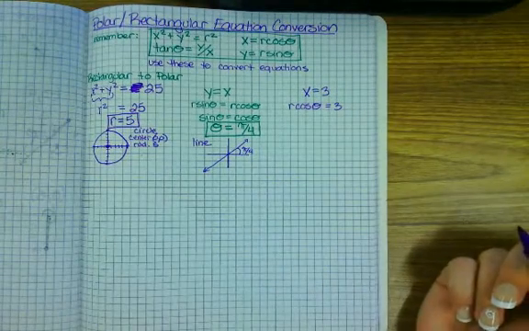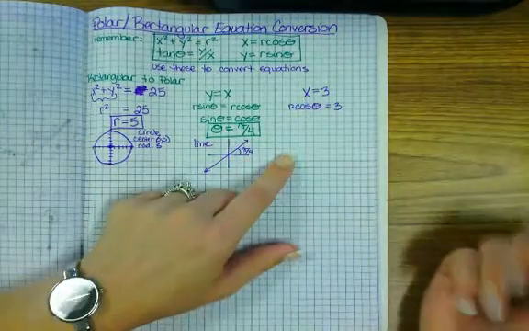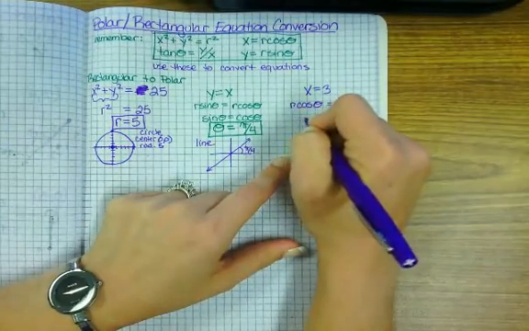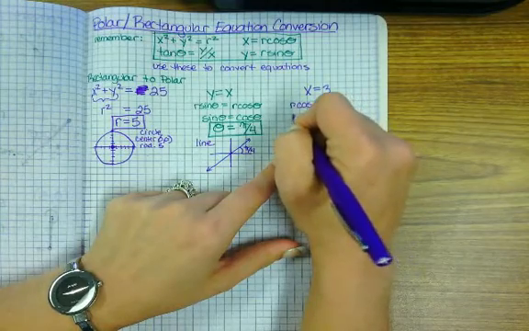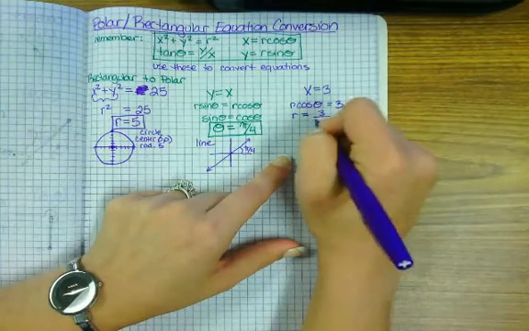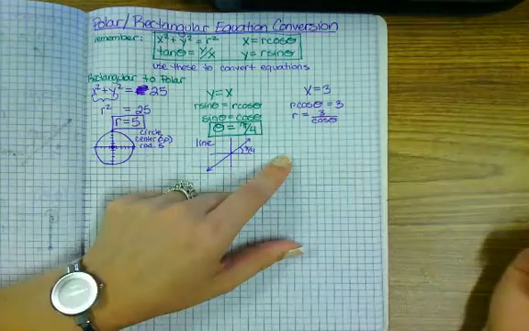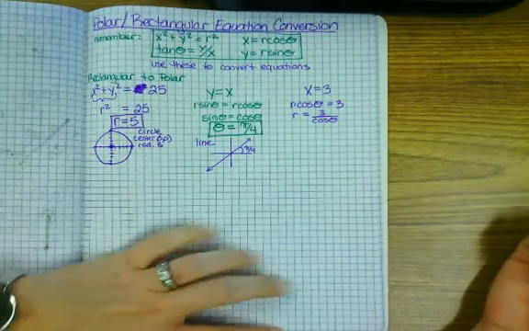So I need to get either r by itself or theta by itself. Usually we get r. This is r times cosine theta. So how can I get rid of the cosine theta? Divide both sides by cosine theta. So r equals 3 over cosine theta.